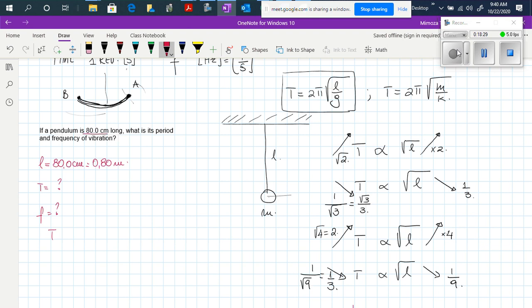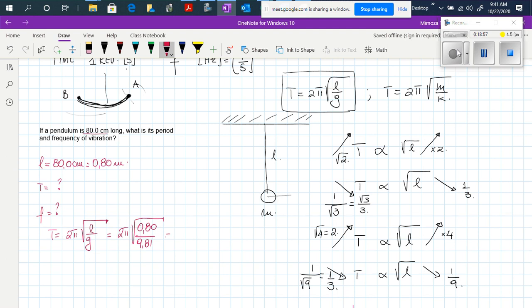So the period of the pendulum is 2π the square root of L/g. And we are assuming here that this pendulum is near the surface of the Earth, so the acceleration due to gravity is 9.81. So we'll have 2π the square root of 0.80 over 9.81.